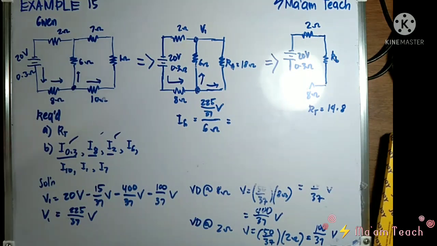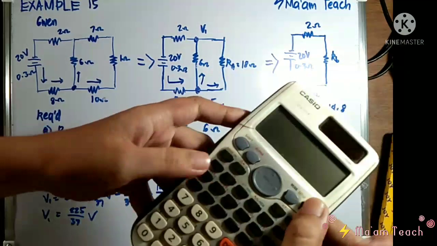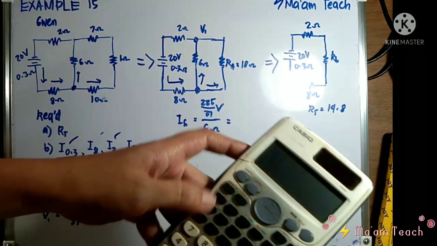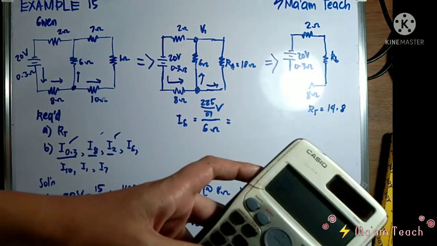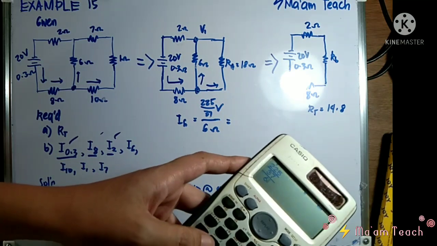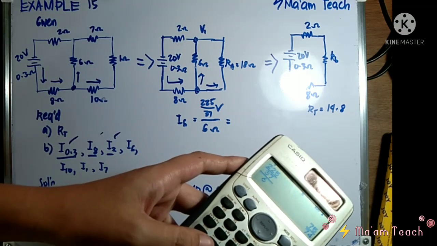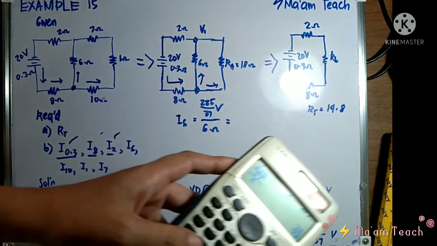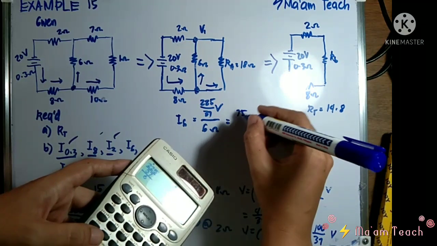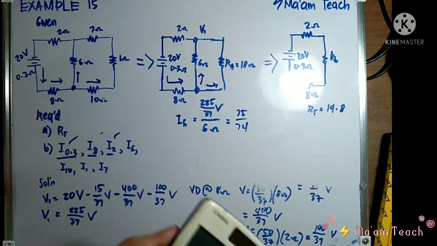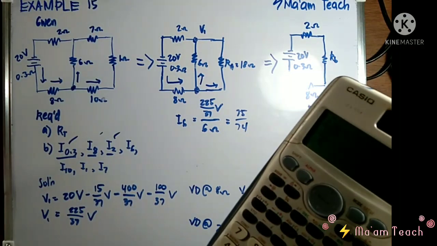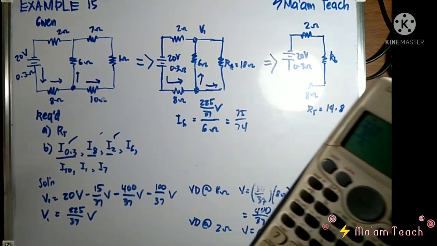So you'll have 225 over 37 over 6, which is 75 over 74. 75 over 74.